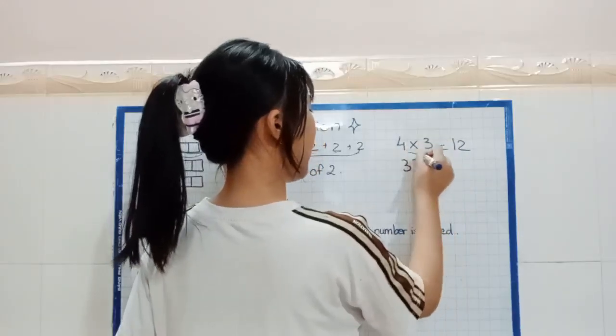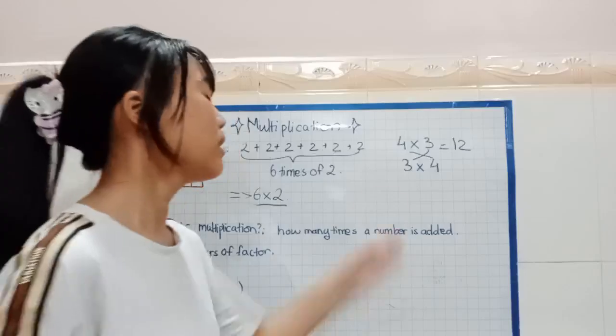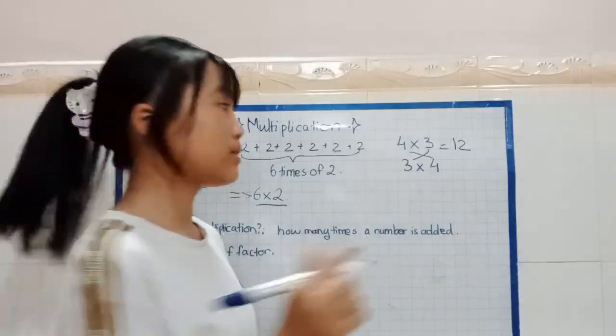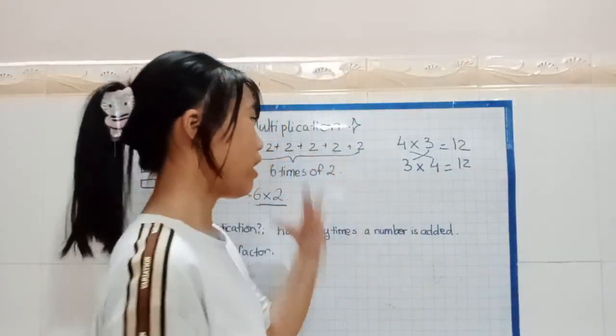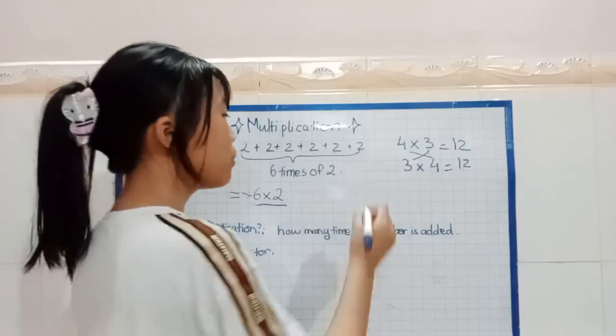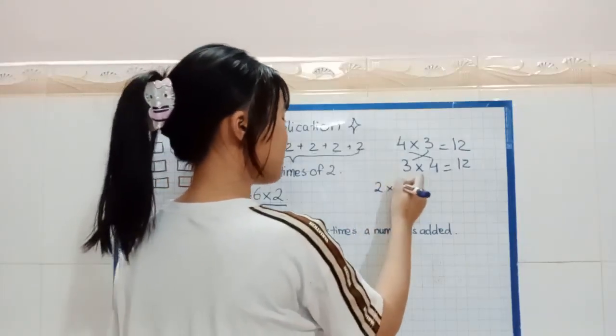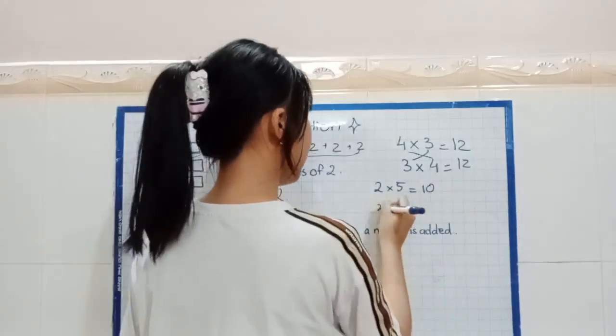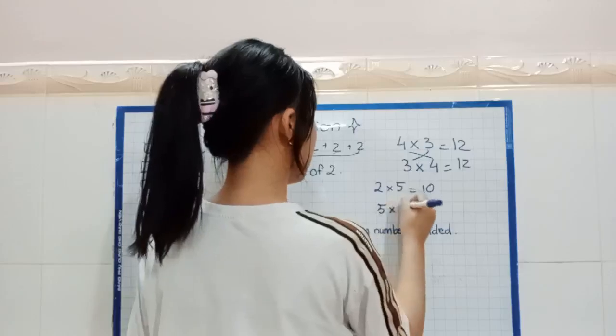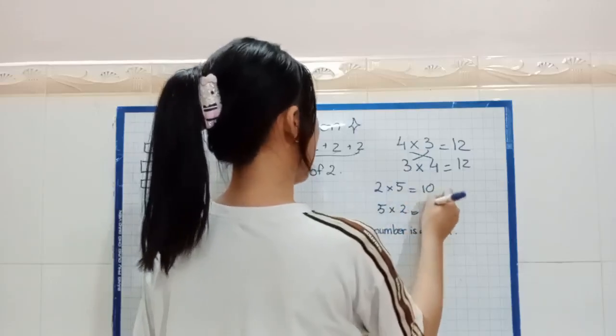So 3 comes here and 4 comes here. So now, what would it be? It would still be 12. Okay, so let's have one other example. We have 2 times 5, which is equal to 10. Now 5 times 2 is equal to 10 too.